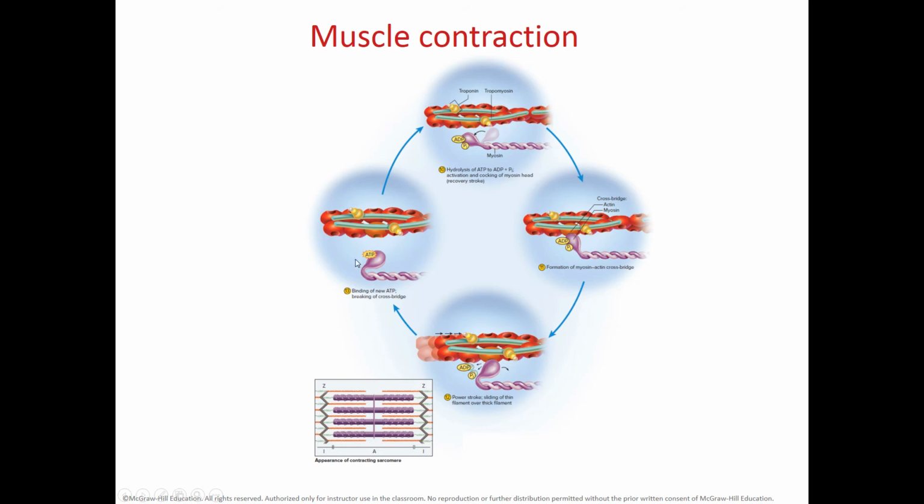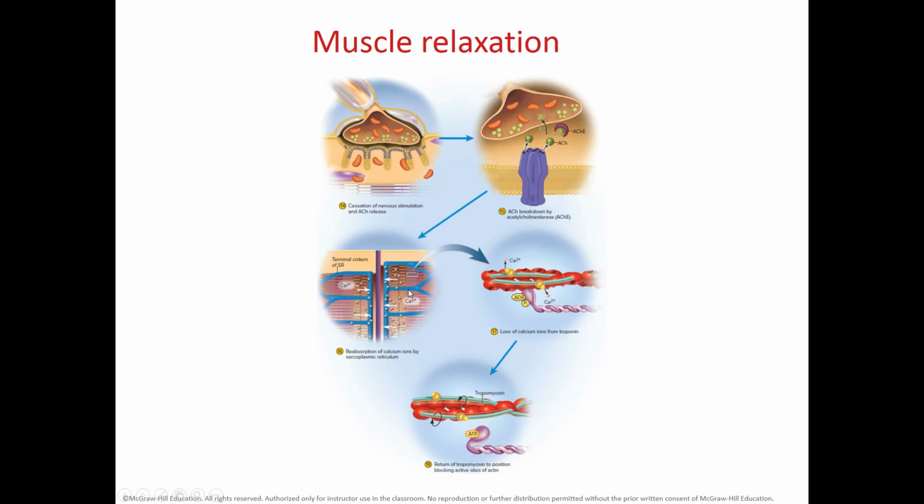And when ATP binds again, the head of myosin will release from actin, and then you will have the breaking of the cross bridge, and then you have relaxation. So ATP is necessary for relaxation, while calcium is necessary for the actual contraction.